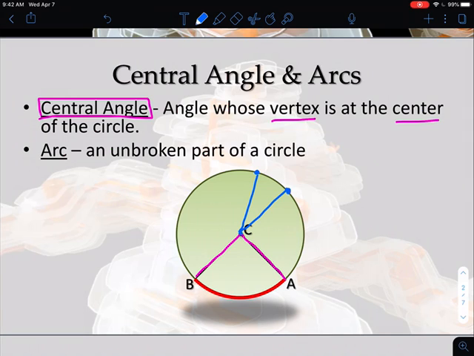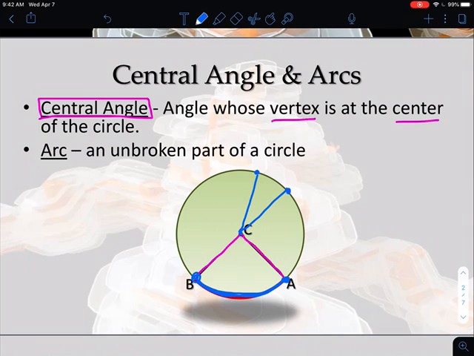Now, when we create those central angles, those points where we touch the circle, in this case B and A, I have labeled. In between those points, we have what's known as an arc, an unbroken part of the circle. So it's not the whole circle, it's only a part of it. What I'm looking at is from point to point, that length around the outside of the circle is called an arc.